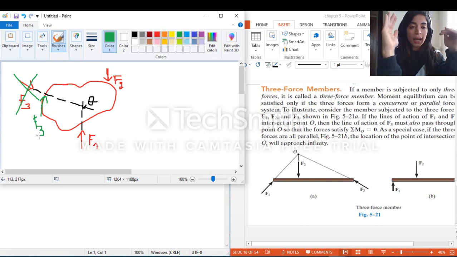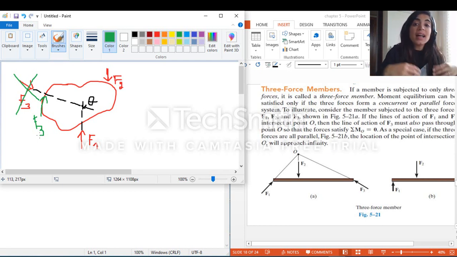First of all, I know from the given that F1 is parallel to F2. So this is my given. If my solution is a contradiction to the given, then this means that my assumption is not correct. So I know that F1 is parallel to F2. What I want to do now is to assume that F3 is not parallel to F1 and F2.